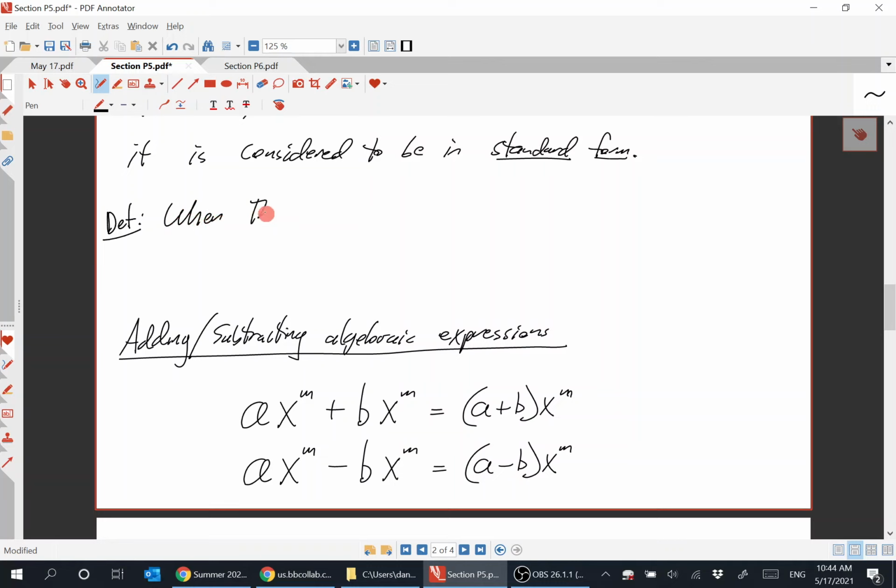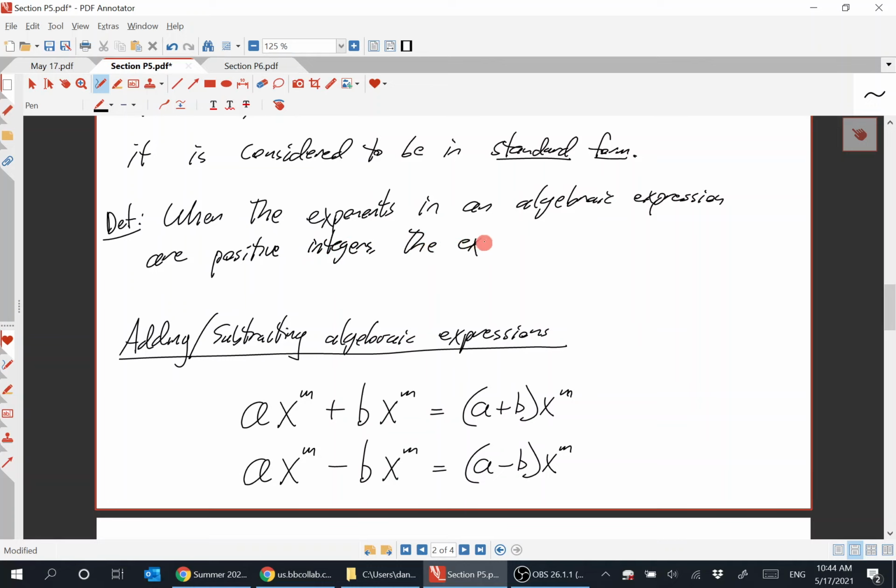So when the exponents in an algebraic expression are all positive integers, the expression is called a polynomial.